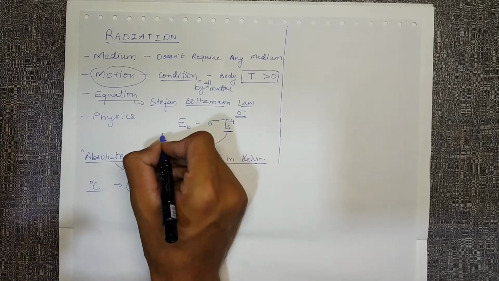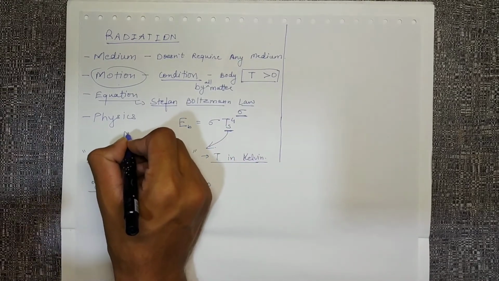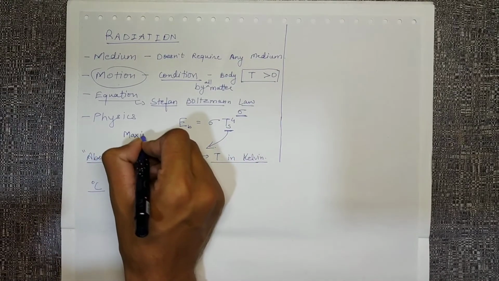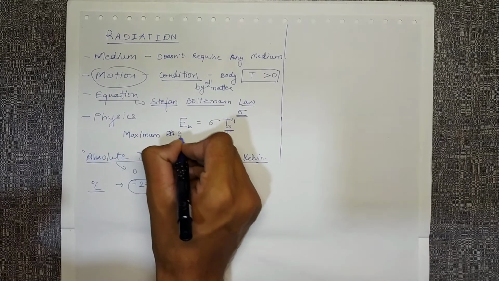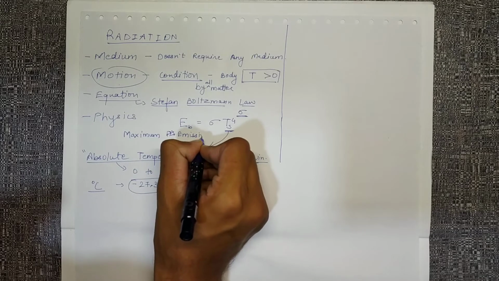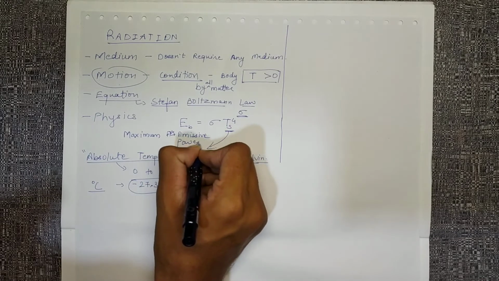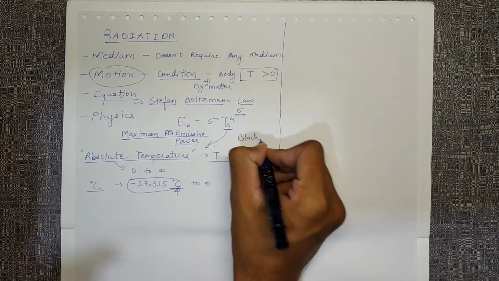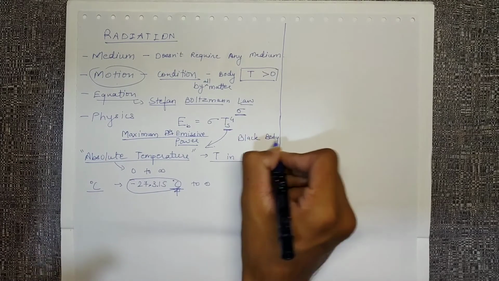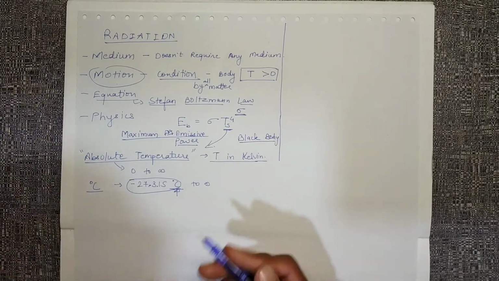E_b is the emissive power, the maximum emissive power, which is always that of a black body. By definition, a black body has an emissivity of 1.